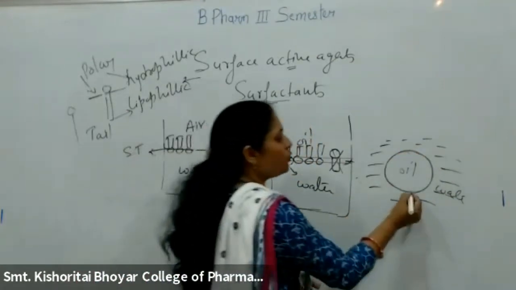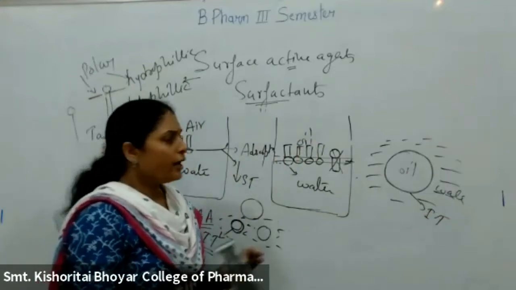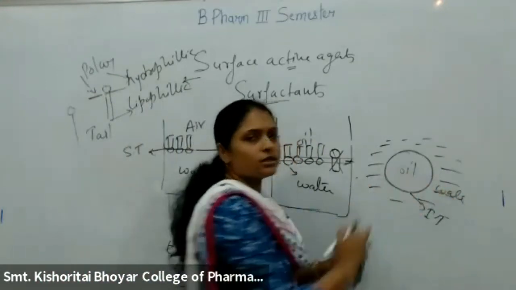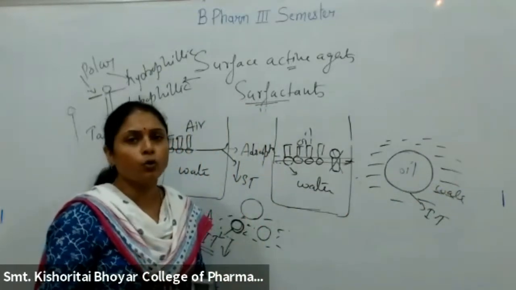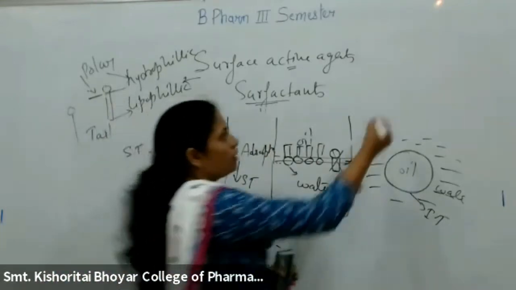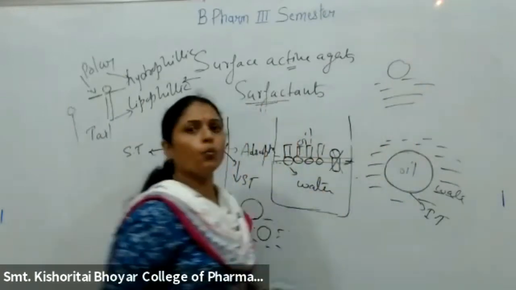So what will exist over here? Obviously interfacial tension will exist over here. Interfacial tension की वैल्यू अगर ज्यादा है तो ये दोनों चीजें एक दूसरे के साथ मिक्सेबल नहीं होंगे. It will not remain in the form of a globule. It will separate out as a different layer. It will not be in the water.